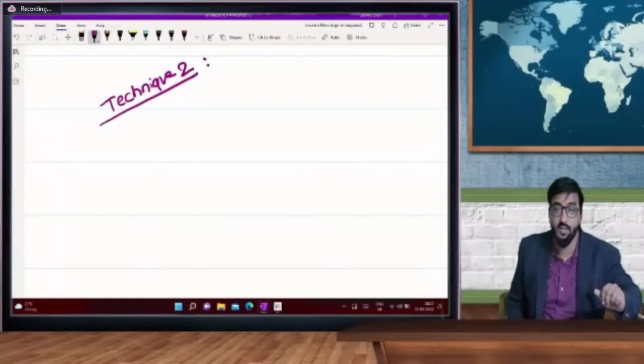Technique 1 you understood. What is technique number 1? In real life also, you will prepare an HO column, a branch column, and then a total column in Excel, and you will take a total. Excel will do all these things, or in Tally also you can do it.